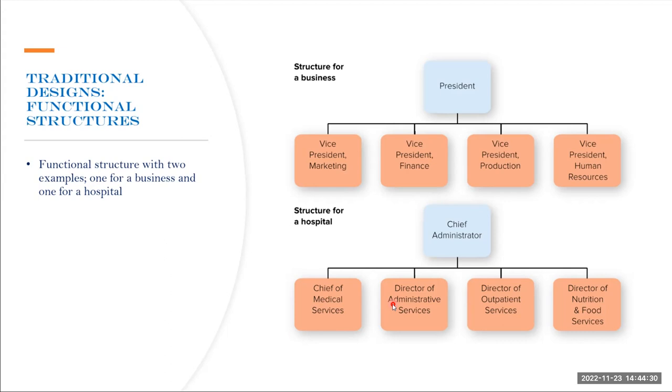This is quite a commonplace structure seen in all kinds of organizations, both for-profit and non-profit. It is essentially the next step in the evolution of organizational design. Here you will also see that the functions are for the company: marketing, finance, production, HR, things like that.